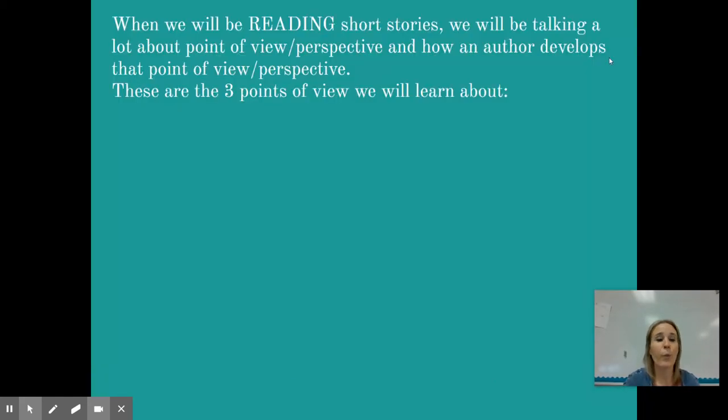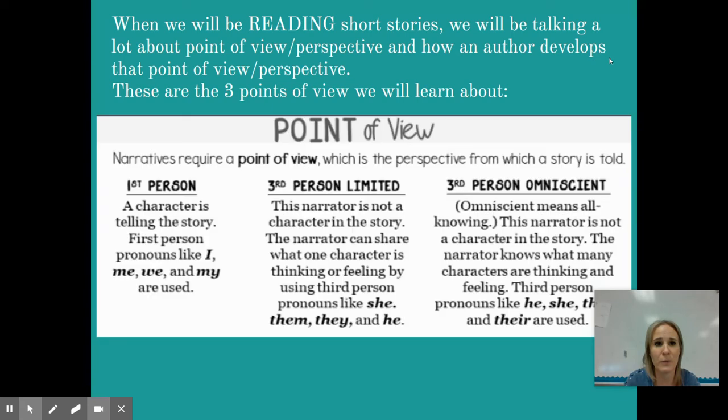All right, so when we do our short stories unit, we'll talk a lot more about point of view and perspective and how the author develops that. But for this purpose of writing a narrative story, because you have to pick a point of view to write from, we need to go over the 3 types of point of view that we're going to be working with. So the first type of point of view is first person.